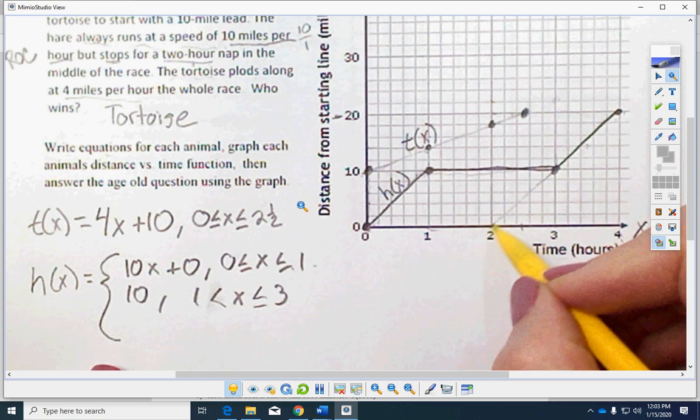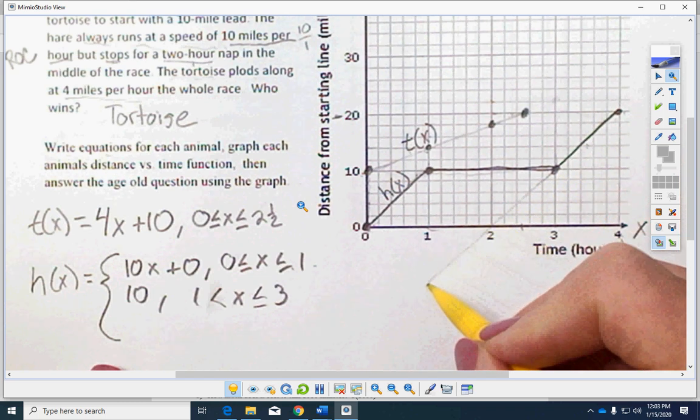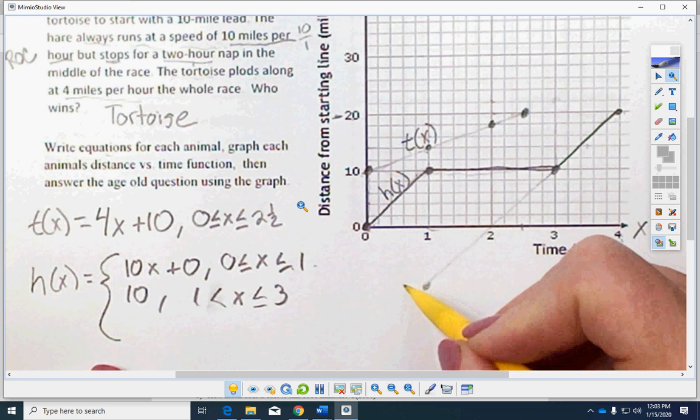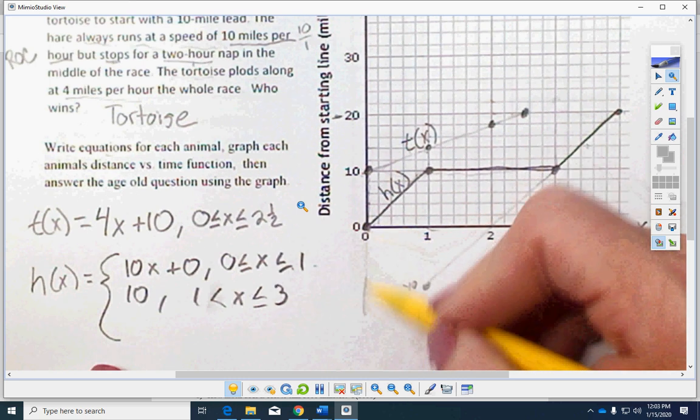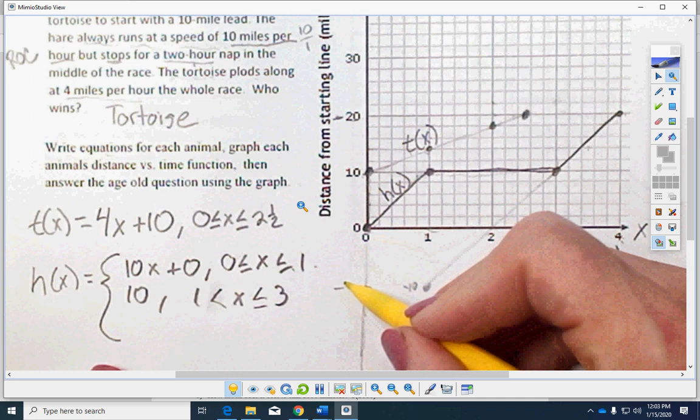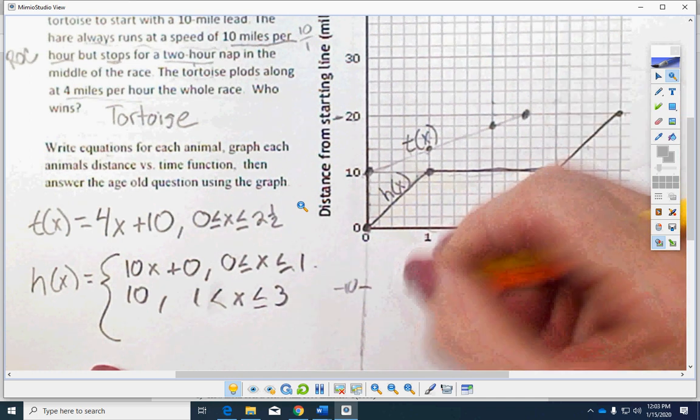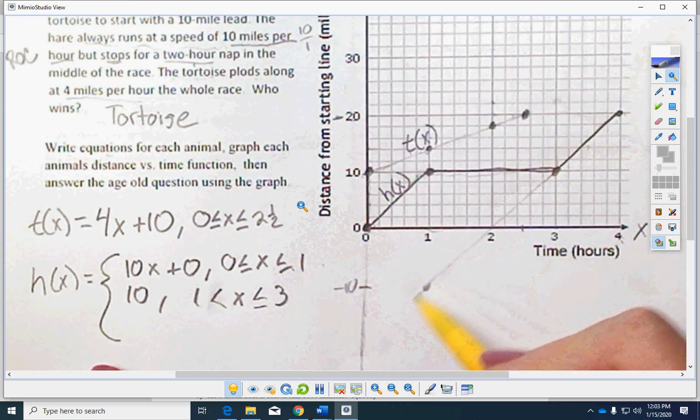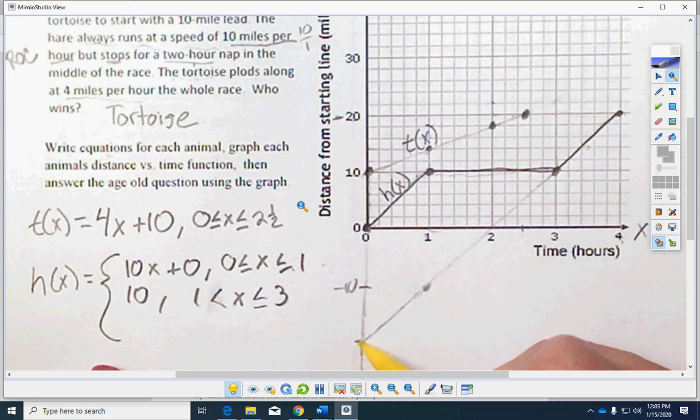If it continued, it would be here, and this is like -10 on the y-axis. And if it continued, it would be here, which is -20. So I said it was tricky, but it's not so bad. You just have to be really careful.